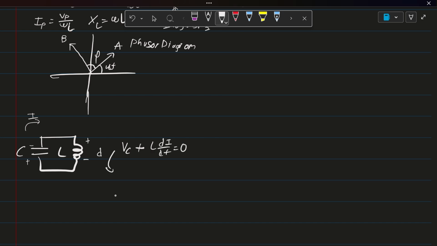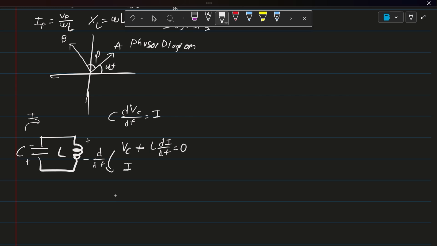So let's take the derivative. Anyways, this is assuming that the magnetic flux through the circuit is negligible. So what we get is dVc over dt, which is pretty much the current. So C dVc over dt is current.